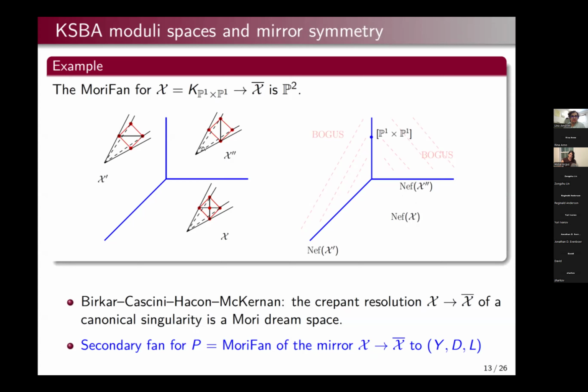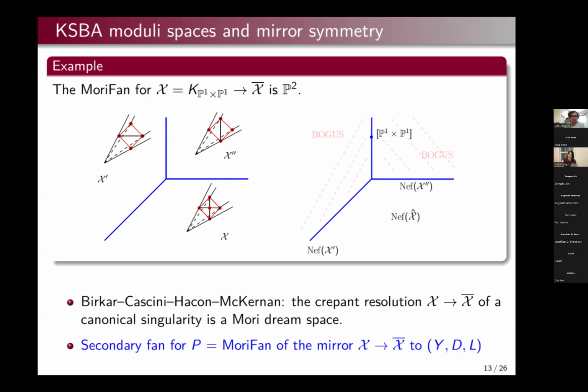If you just take X prime and X double prime, the toric varieties whose fans are the cones over these triangulations, then they will be related to this Crepant resolution in a way that you contract a copy of P1 times P1 to go to here. And the Nef cones of these things are of lower dimension. So to complete it to a total fan, you need to remember what you contracted to go to here and add a ray generated by what you contracted.